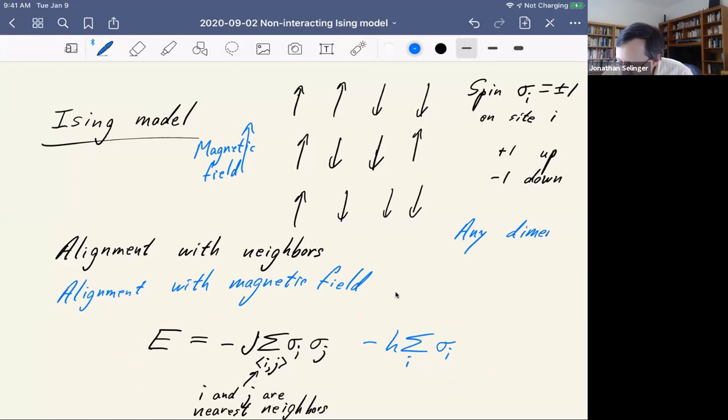So I have drawn it here as a two-dimensional lattice to go onto your two-dimensional screen, but it could be a three-dimensional lattice. It could be a four-dimensional lattice. It could be any dimension lattice, right? And it could be any lattice type. That is, it could be a triangular or hexagonal lattice instead of a square lattice.